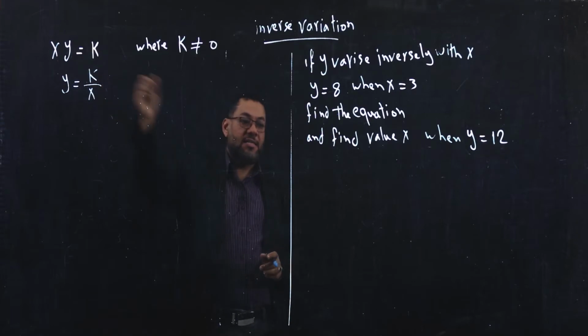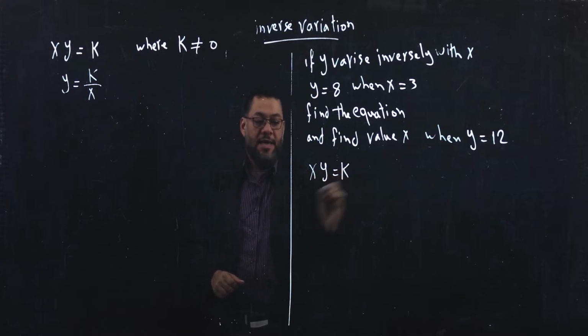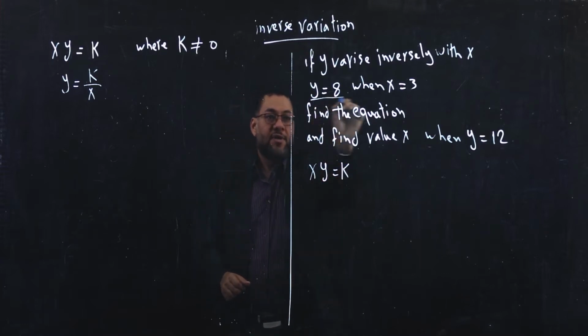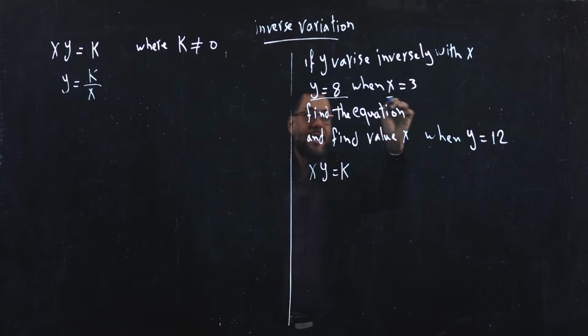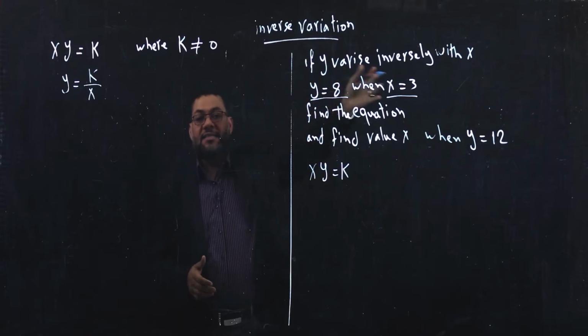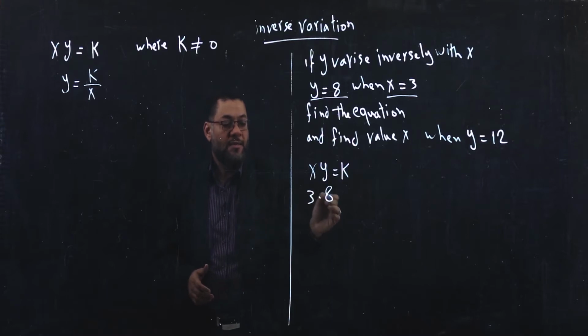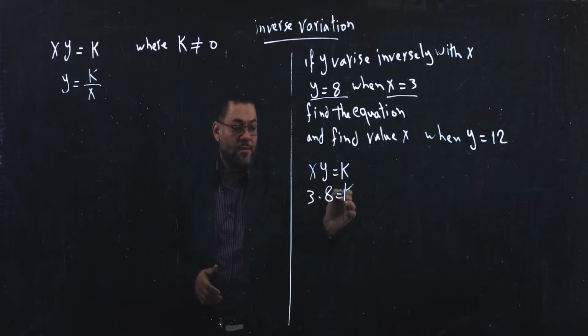Let's take this equation and put it here. So we have xy equals k. We have y equals 8 when x equals 3. So just substitute y equals 8 and x equals 3 in this equation. So it will be 3 multiplied by 8 equals k.